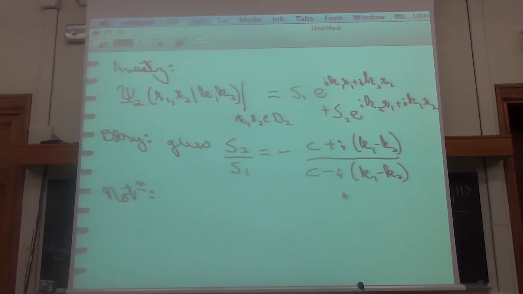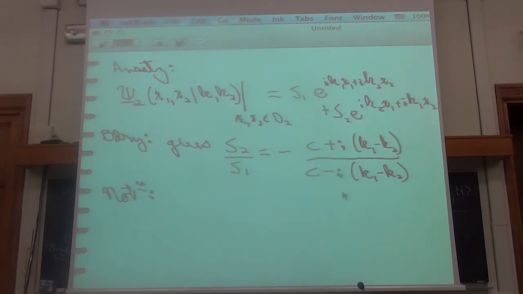Actually, that's a first good comment to make. K1, K2, they're just completely free numbers. I'm even allowed to put, for example, complex numbers in there if I want, at least to try. So what happens if I put complex numbers K1, K2 in there? Well, there are some restrictions. We know that the Hamiltonian is a Hermitian operator, its eigenvalues have to be real. The same thing for the momentum. Momentum operator has eigenvalue K1 plus K2.